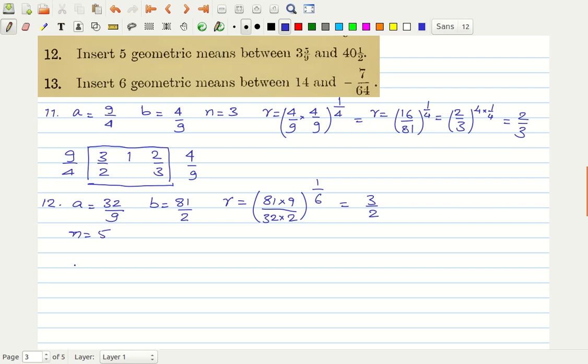So now for finding the 5 geometric means, all we have to do is, first term is 32 by 9. Now we multiply this by 3 by 2, right?